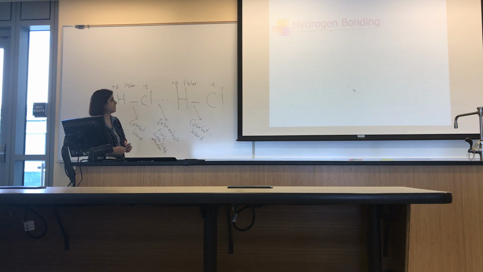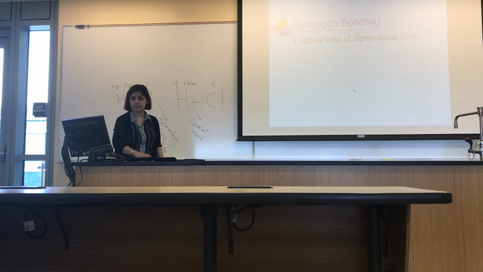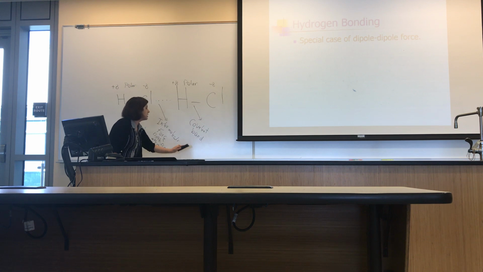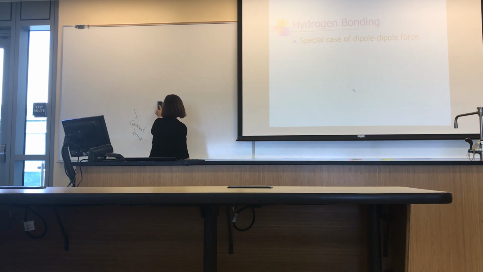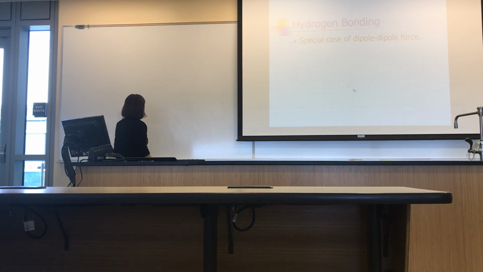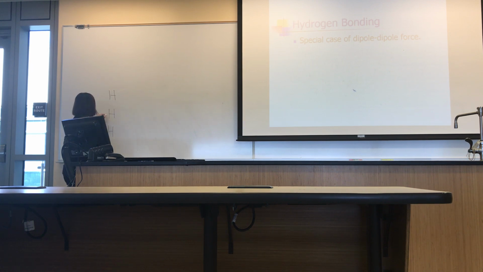So what about hydrogen bonding? It is a special case of dipole-dipole. Let's see how this forms. It's between hydrogen in one molecule, let's just keep it HCl, and, since it should happen between two molecules, what about the other one?